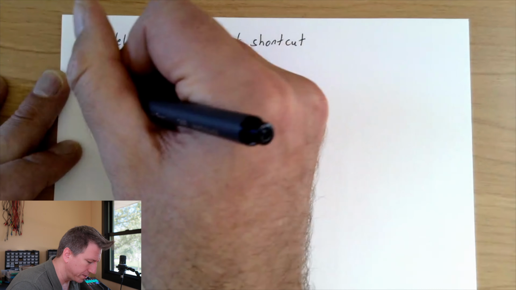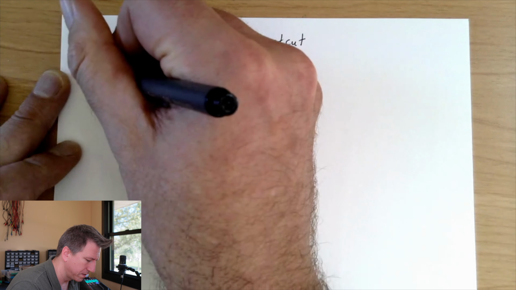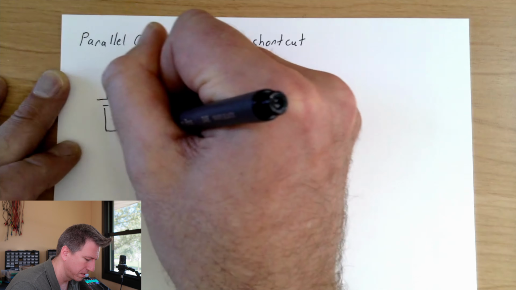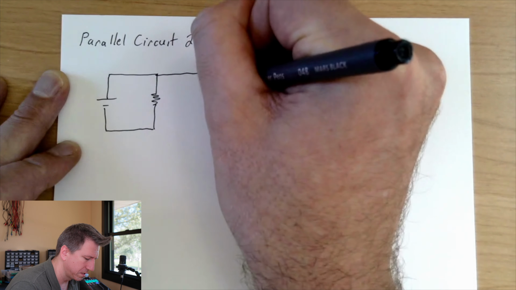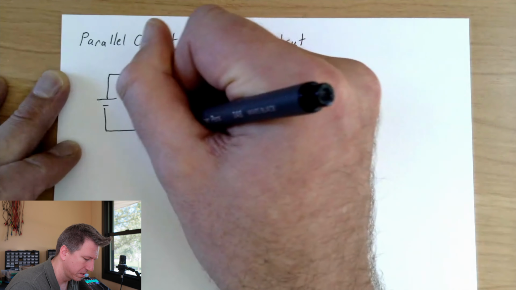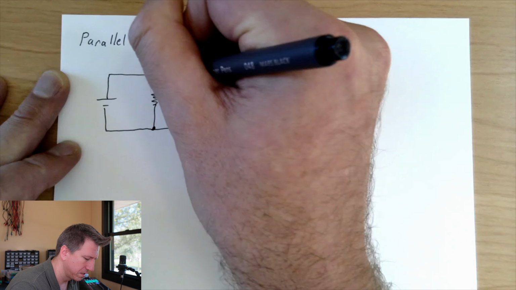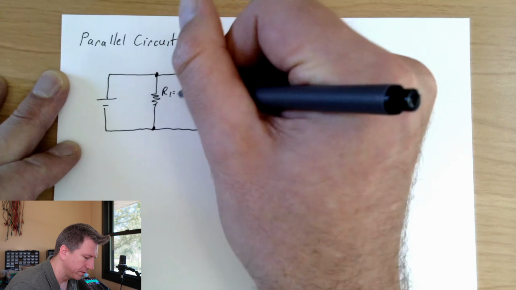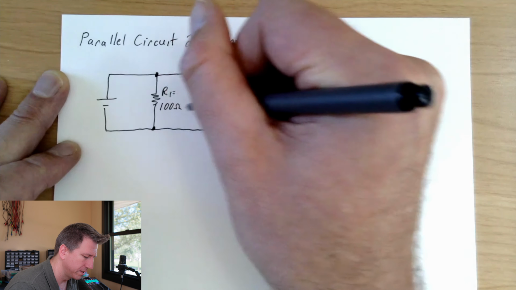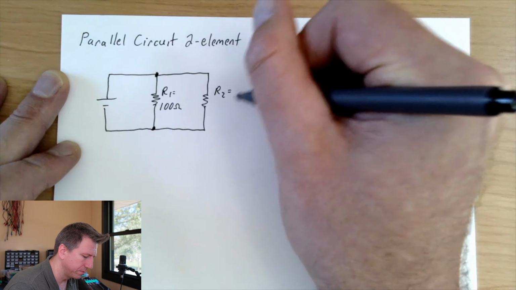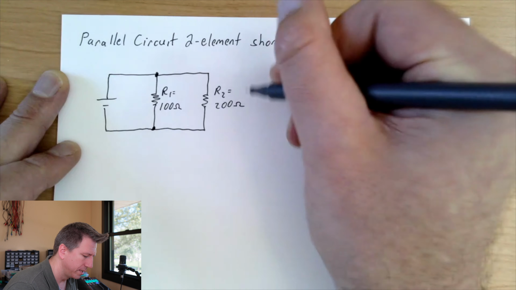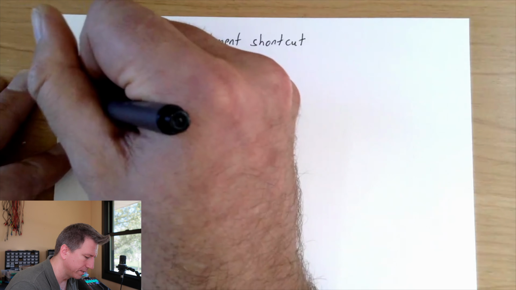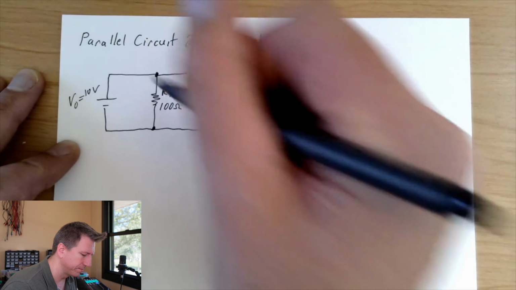So if we have a parallel circuit, and let's say we have an R1 equal to 100 ohms and an R2 equal to 200 ohms, and V naught is equal to 10 volts.